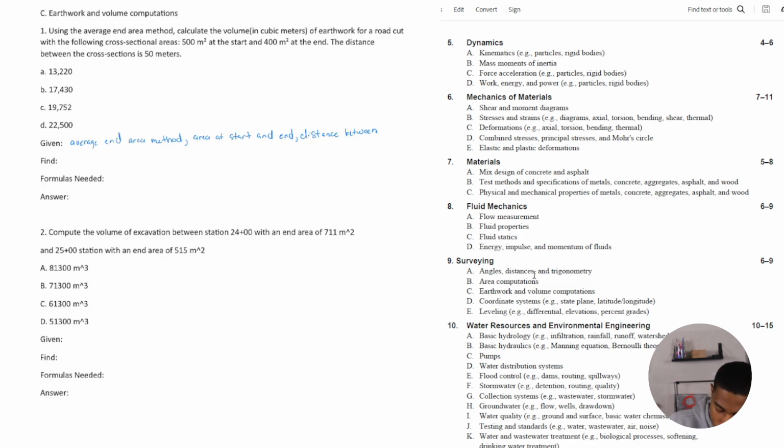Let's see if I can draw this out for you. This is a vertical view of the road, right? And so you have the road, and let's say you have some dirt, soil underneath your road.